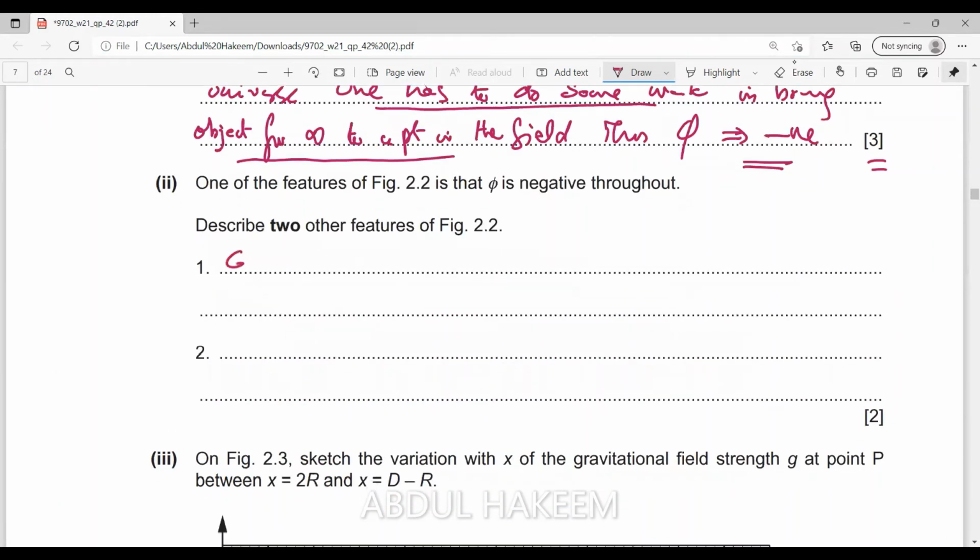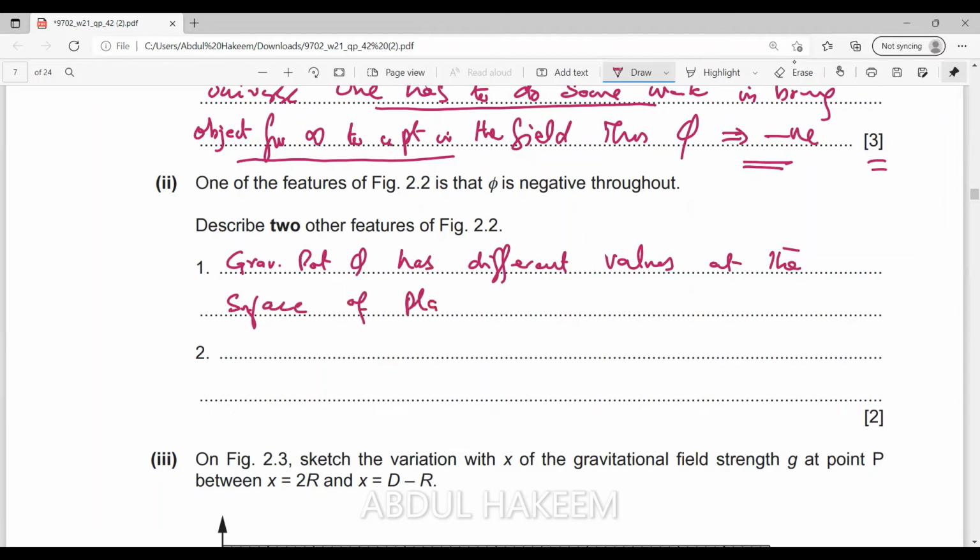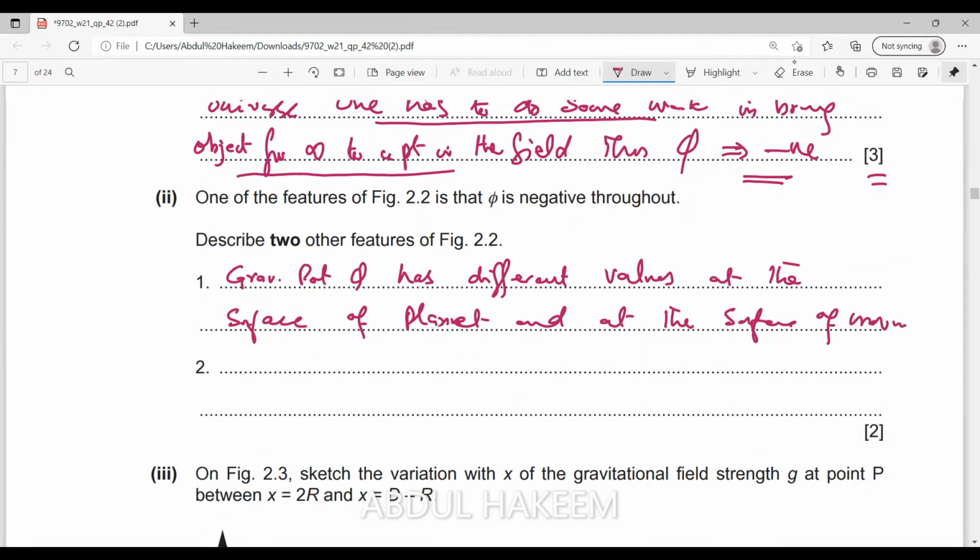So gravitational potential phi has different values at the surface of the planet and the surface of the moon. Meaning the potential is not equal. This is one of the features.